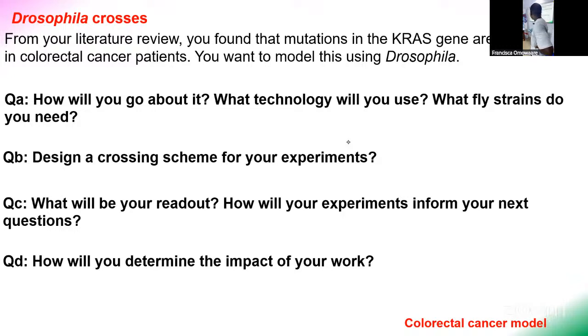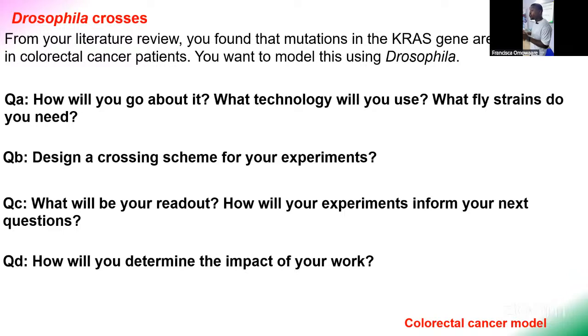Right. So to me, and you can have different approaches to this because you've done your literature review, but you just find out this gene is recurrent. The first thing you do, to me, is try to identify what type of gene this is, because you don't know what that mutation is doing. So you want to ask, is this an oncogenic mutation, or is it a mutation that leads to loss of function of that gene or protein?